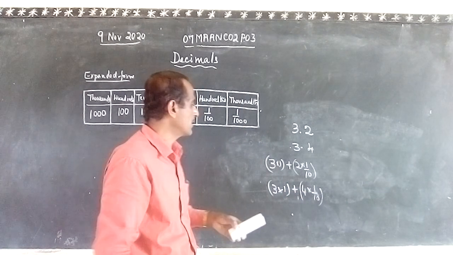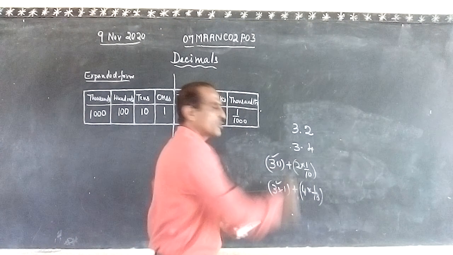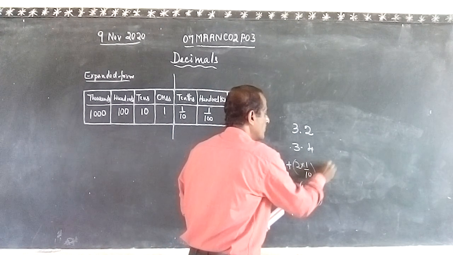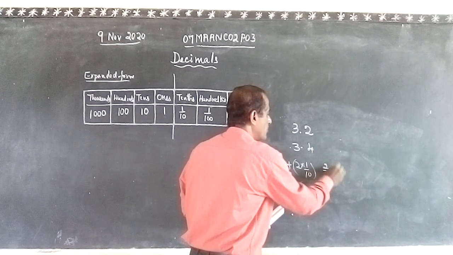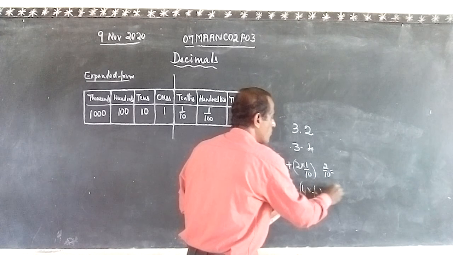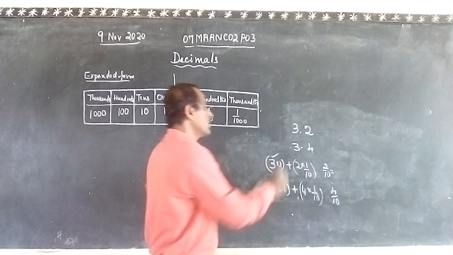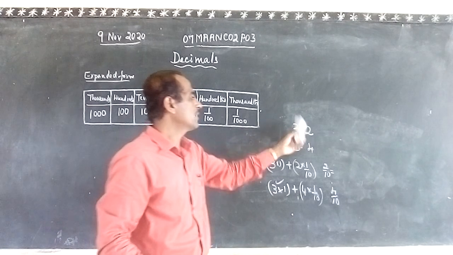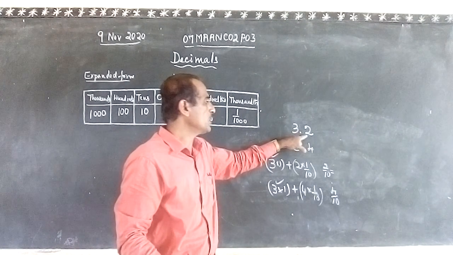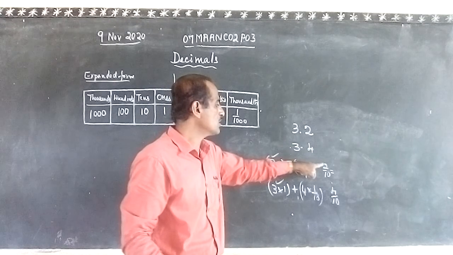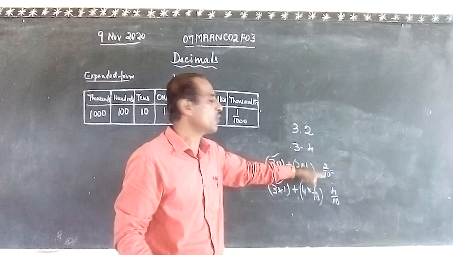Which is greater here? 3 into 1, 3 into 1, both are the same. Here 2 into 1 by 10 is equal to 2 by 10. Here 4 into 1 by 10, 4 by 10. So which is greater? This side both are the same, 3 and 3. But in the decimal part, is 0.2 greater or 0.4 greater? See, the meaning of 2 by 10 is 2 out of 10.